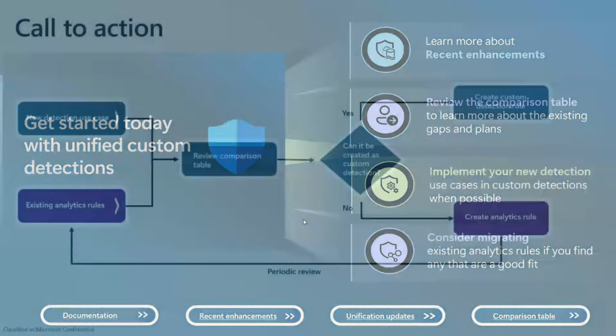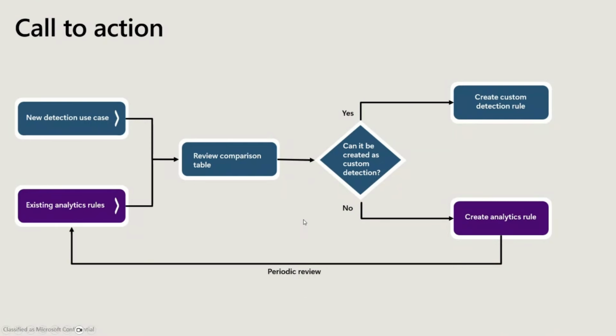Just to put the action into a simple diagram, this pretty much summarizes what I just mentioned. If you have any new use cases, feel free to consider using custom detection. You can do that by getting yourself familiarized with the recent enhancement and reviewing the comparison table. If the capabilities for your use case are supported, create them under custom detection rule.